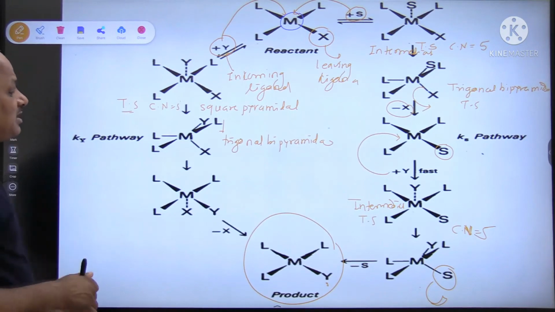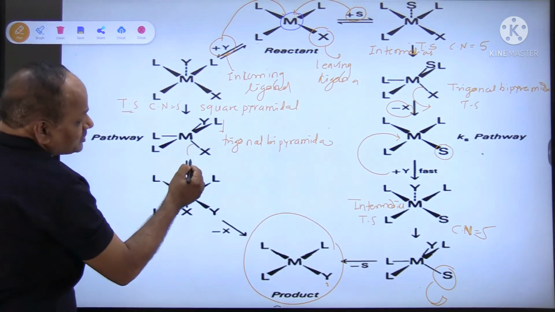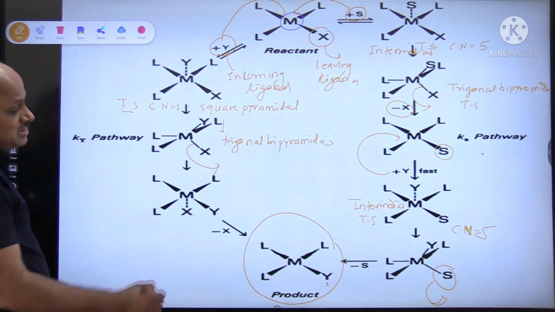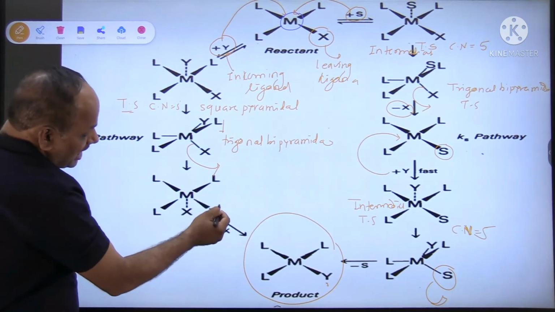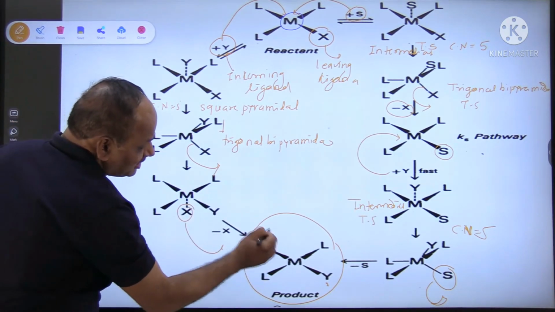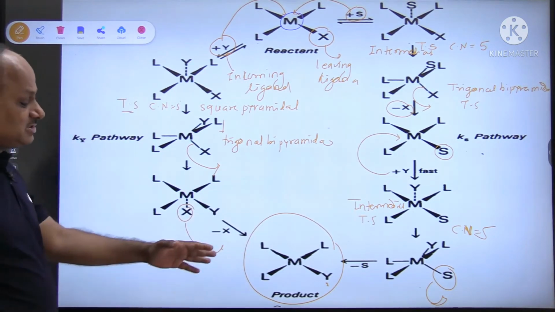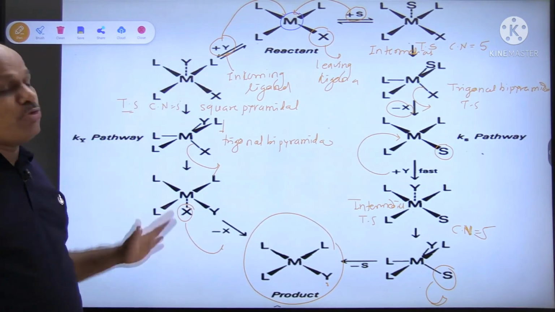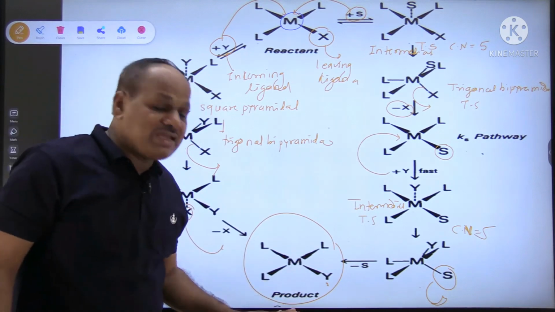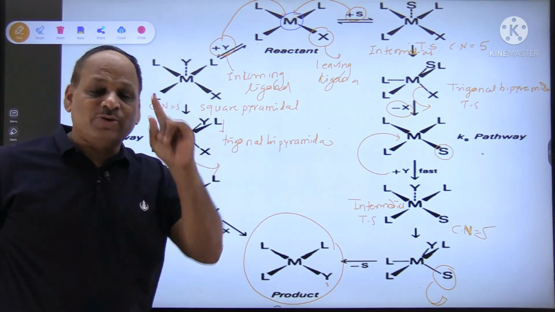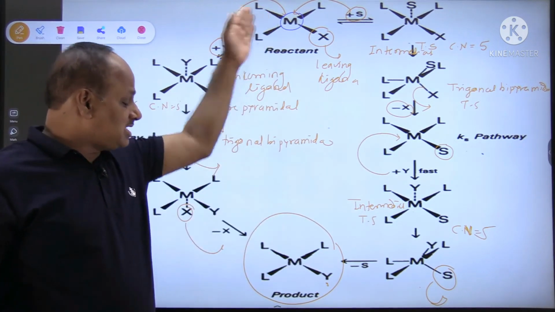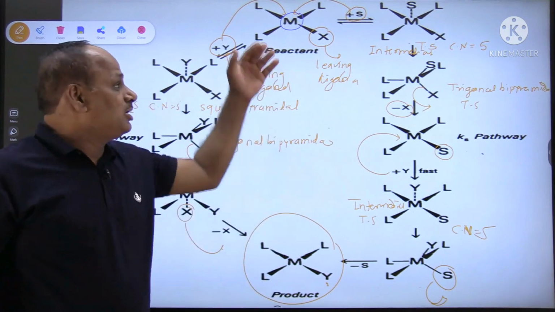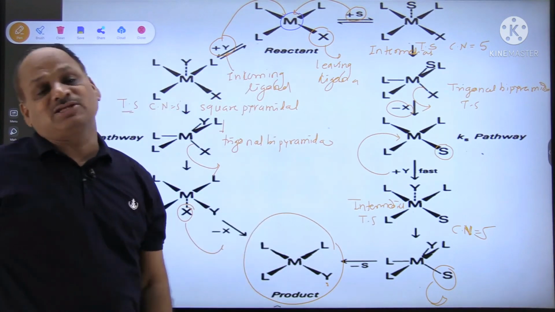The ligands reorganize, and after that X will be lost from that complex, and you will get the substituted product. Then you see that in both cases the product is formed stereospecifically, meaning from cis reactant you get cis product, and if the reactant is trans, then the product is also trans.